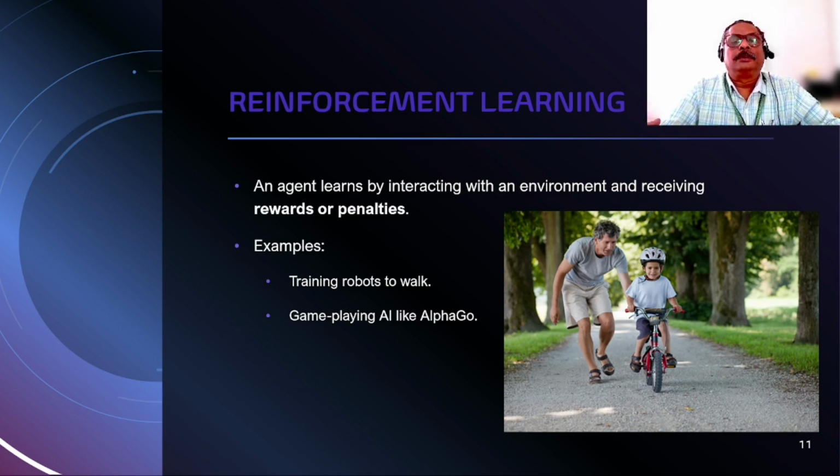It has to make mistakes, learn from mistakes, do some correct things, and learn from correct things. Whenever it does correct things, it gets a reward. Whenever it makes a mistake, it gets a penalty. It tries to get more and more rewards and less and less penalties. That's what reinforcement learning is.